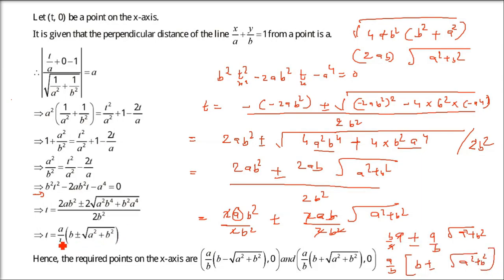So this is the final, this is the t. But since we have plus minus, we have 2 points. One time you take plus, one time you take minus. So this is t comma 0, plus t comma 0 and minus t comma 0. If you take the negative one and the positive one, y will remain 0.